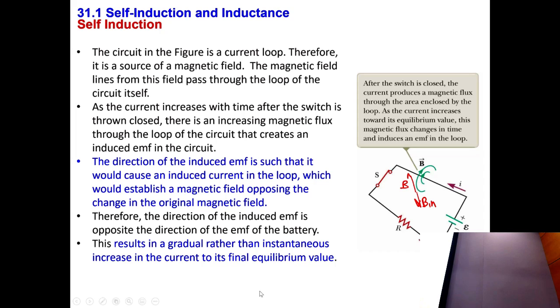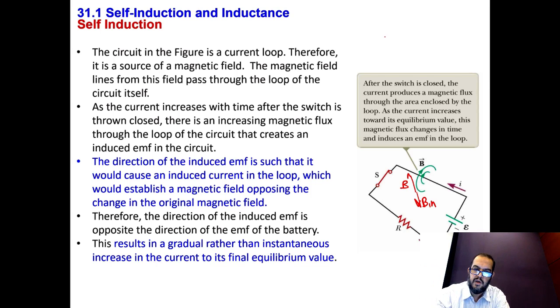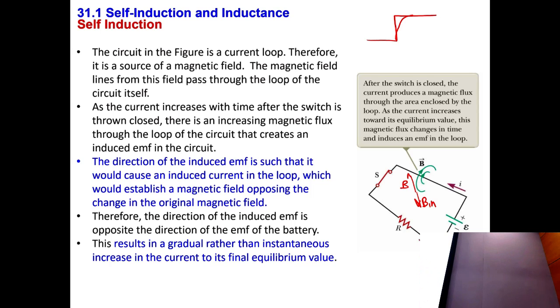So that's why when we close the switch, and if you connect, for example, an ammeter here, or an oscilloscope, you will not see an immediate change. If you turn on the switch, you will not see the current suddenly jumping like this. You will see that it will actually be a gradual change, okay, because of the self-induced EMF.